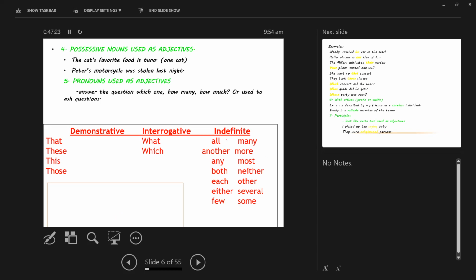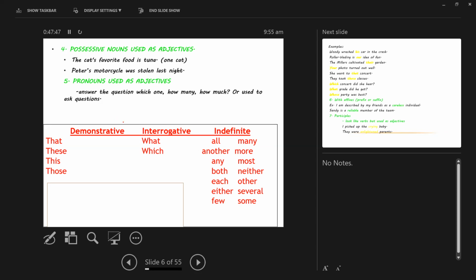And then we also have indefinite pronouns. When we say indefinite, what does that mean again? There's no definite answer, no definite number, no definite amount. Okay? It's indefinite.